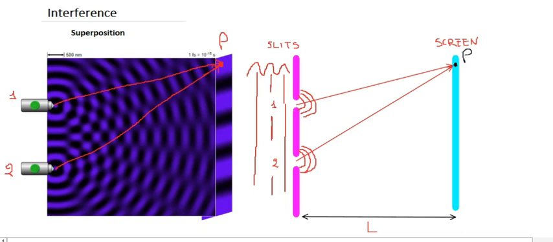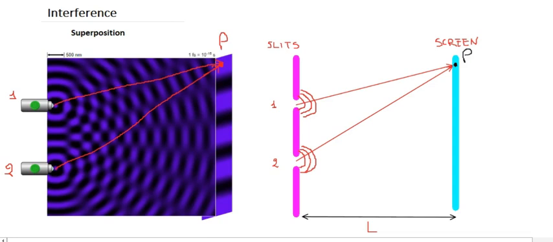So how can I find out a mathematical relation that will tell me whether P is a maximum or a minimum? Now let's erase a little bit here so we have more room.